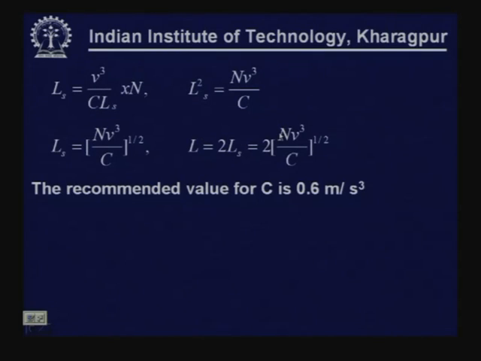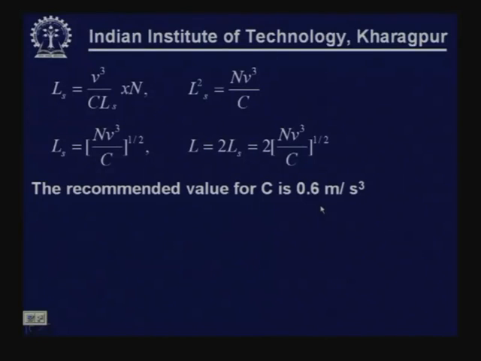That way we can calculate. Now, it is recommended the value of c may be taken as 0.6 meter per second cube. So, if we take that value of c, accordingly we can calculate what should be the required length considering the comfort condition. Although IRC says, and it is also found, the dominating criteria will be the headlight sight distance criteria.